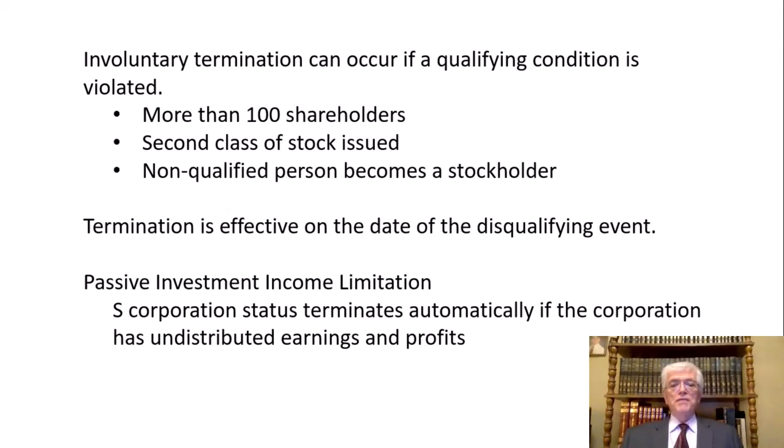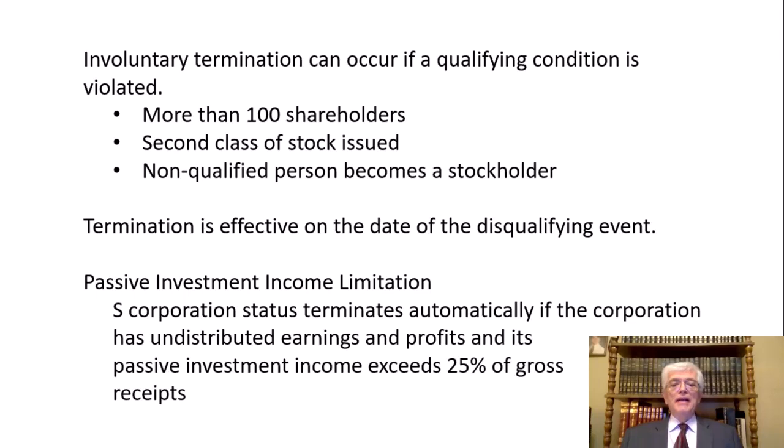So it was a C corporation for a while and accumulated some earnings and profits before electing S corporation status, and its gross passive investment income exceeds 25% of gross receipts. If that happens for 3 consecutive years, then the corporation is no longer an S corporation.